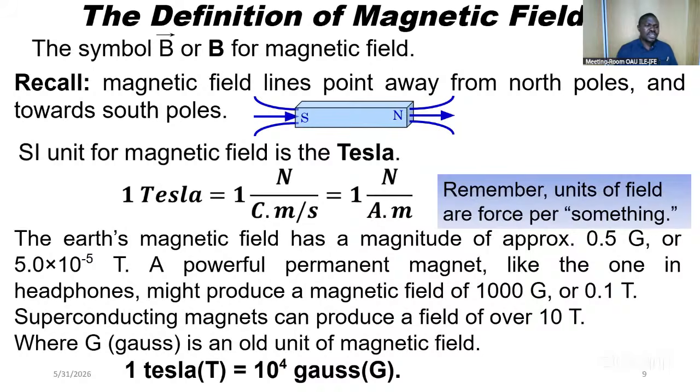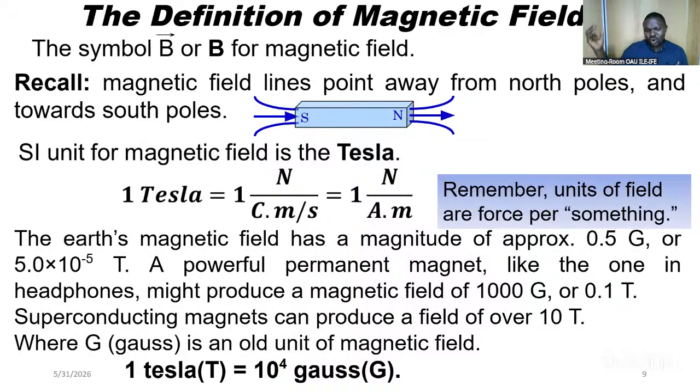Thank you. So the unit of magnetic field, as we all know, is the Tesla. And what is that Tesla? To remember, the Tesla is just a unit of field. That is, the units of field are force per something. What is that something? We can also say the Earth's magnetic field has a magnitude of approximately 0.5 Gauss.